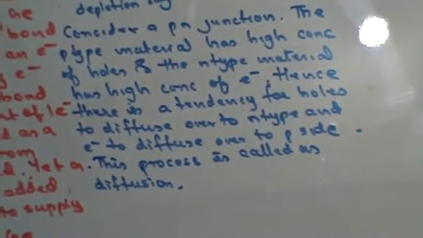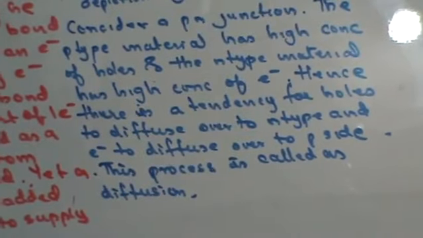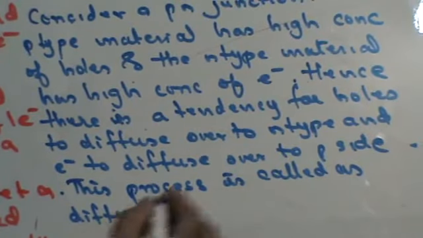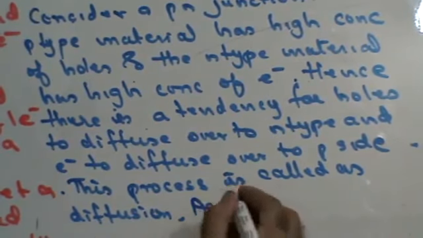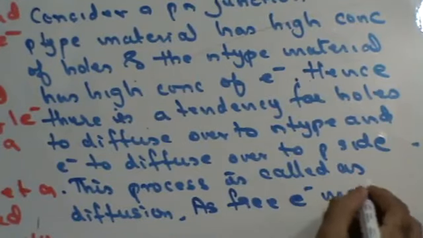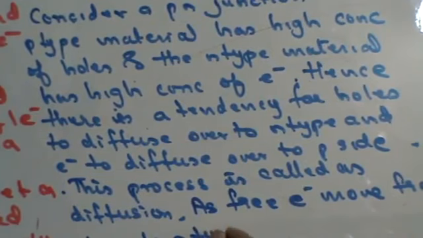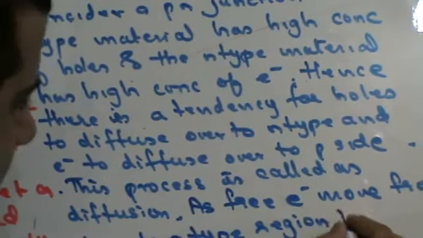Now, as the free electrons move across the junction from the N type region to the P type region, the donor ions are uncovered, that is, they lose their electrons.